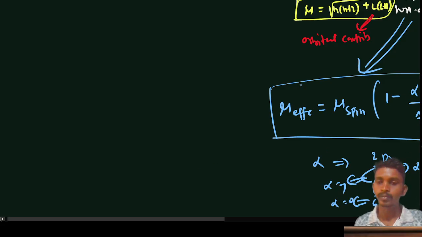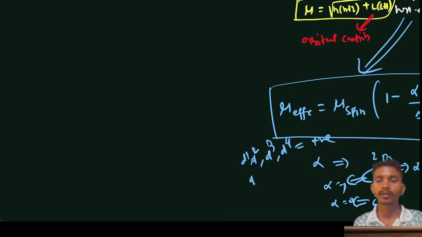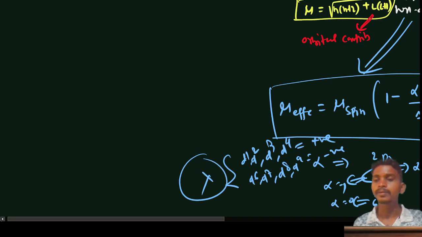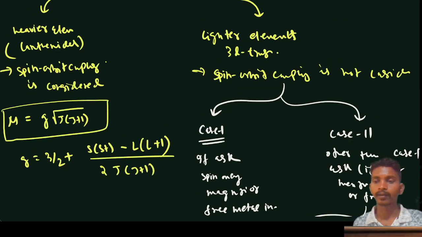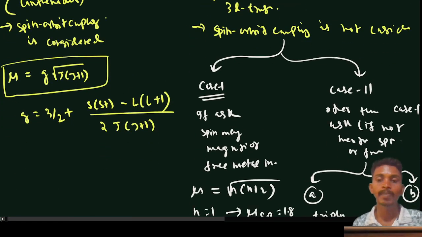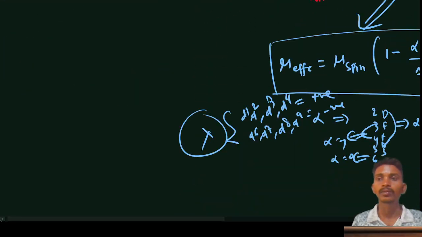For D1, D2, D3 and D4, a positive value will come, and for D6, D7, D8 and D9, a negative value will come, which is the lambda value. That we have discussed. So these tricks we remember for calculating the magnetic moment. Okay, today up to this.